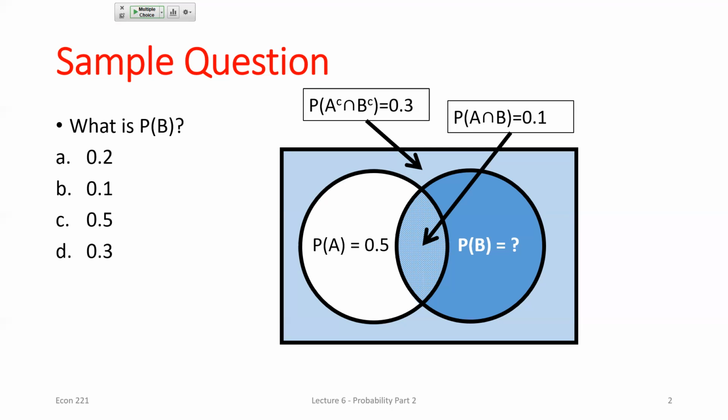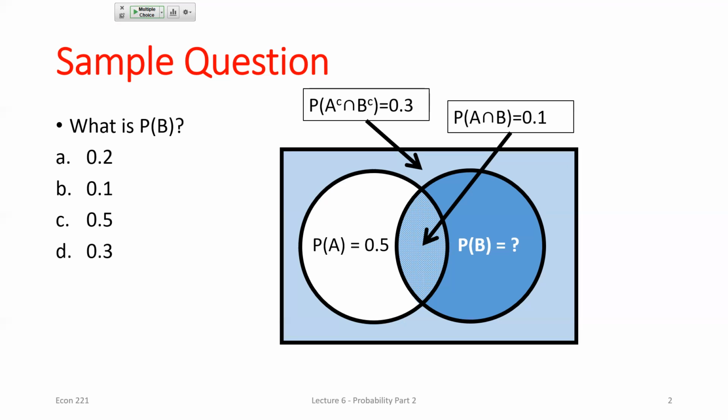1. So here, if I'm looking for the probability of B, I know the probability of A is 0.5. Probability of that intersection is 0.1. Intersection of the complements is also 0.1.